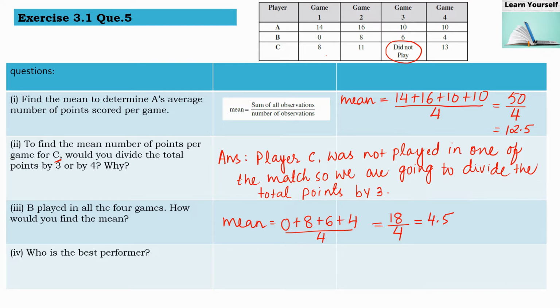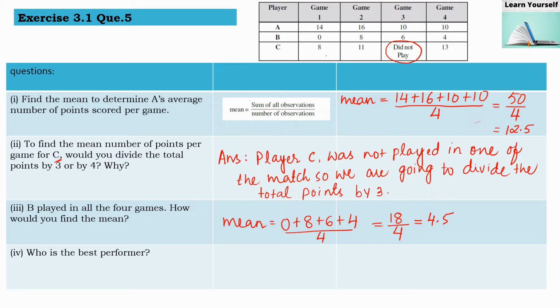Fourth question is, who is the best performer? Now to find out who is the best performer, we have to find the arithmetic mean for players A, B and C, and whoever's mean is better, that player is the best performer. So we have player A's arithmetic mean, that is 12.5.